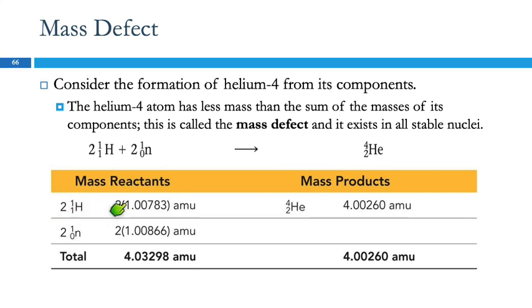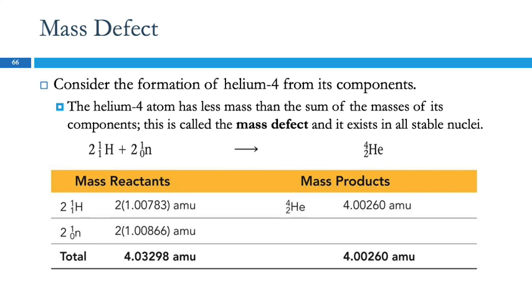So 2 protons, this mass, 2 neutrons, this adds up to this total mass. The actual mass of a helium-4 nucleus, though, is 4.00260. It's less than this.